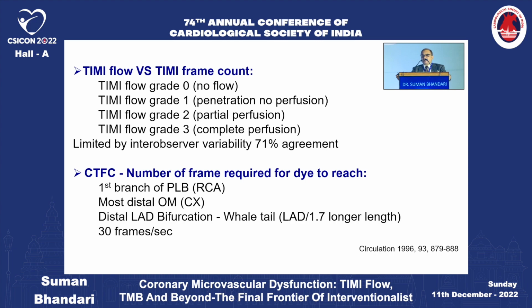So to avoid that, the Braunwald group found one way, which was to measure the number of frames required for the dye to reach the first branch of PLV in the RCA, or the most distal OM in circ, or the distal LAD bifurcation, which we call the whale tail.